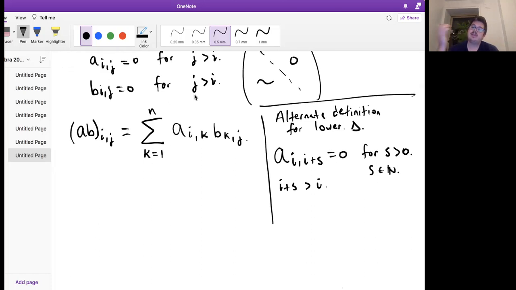So when I want to think about lower triangular, what I really want is (AB)_{i,i+s} equal to 0. So instead of j, let's put i plus s.